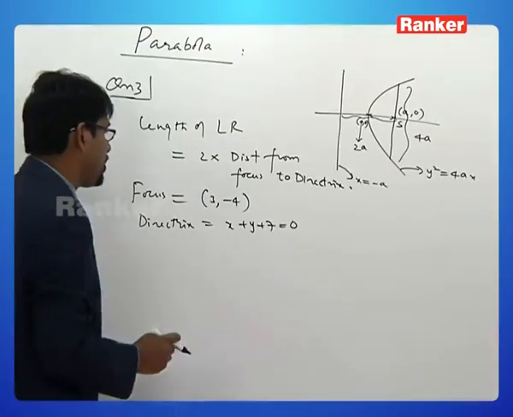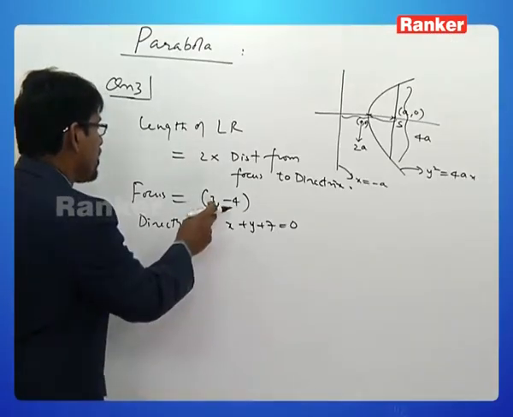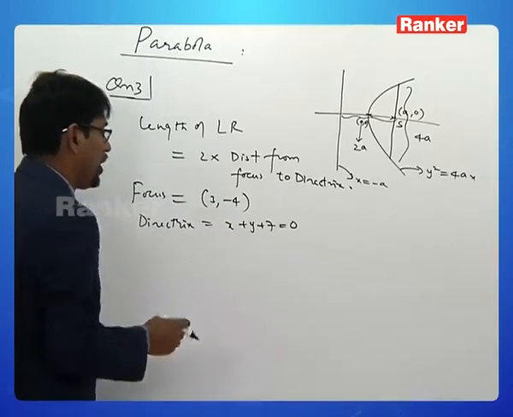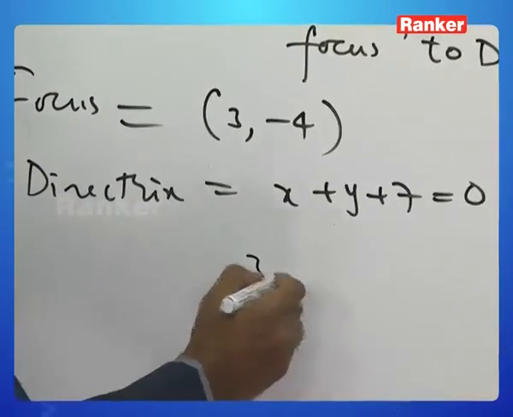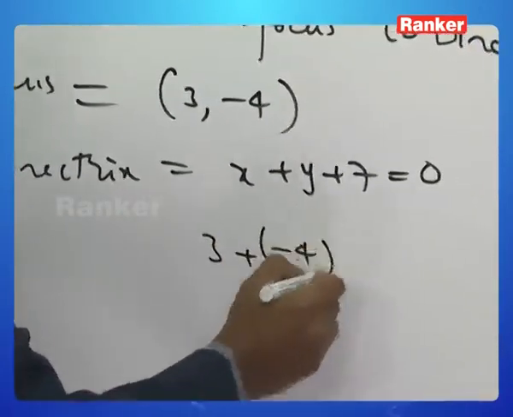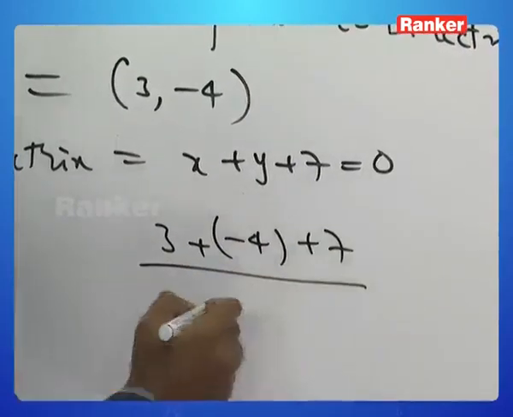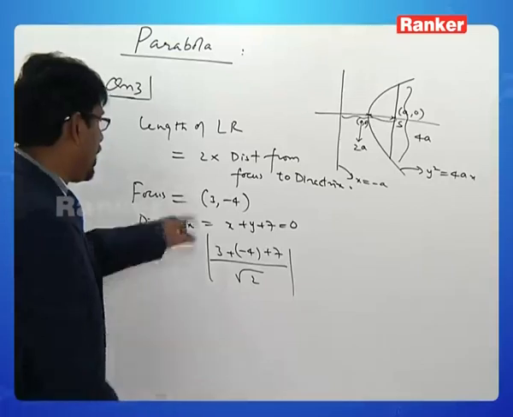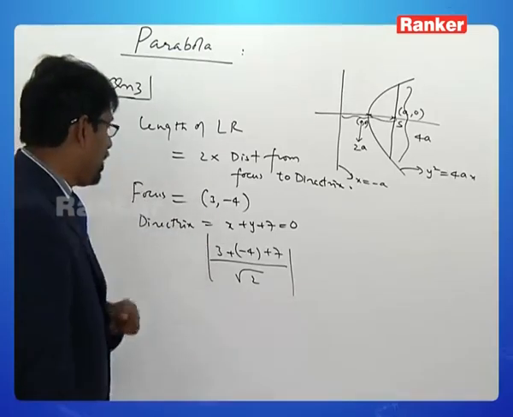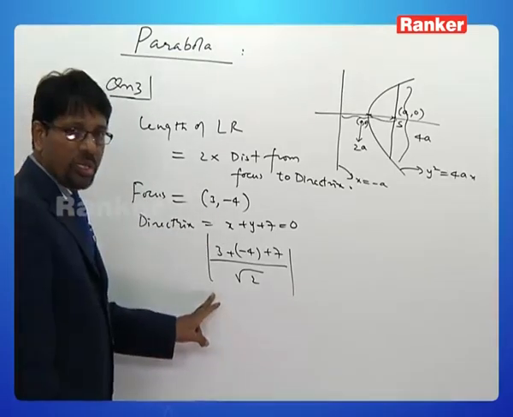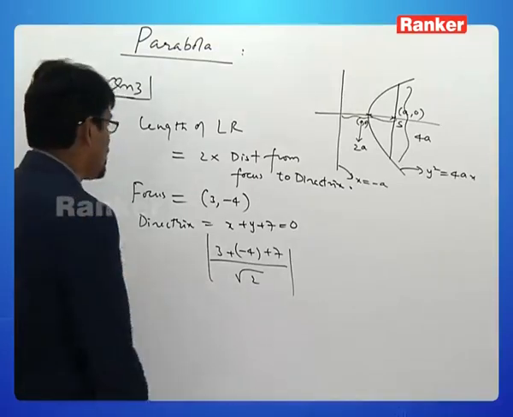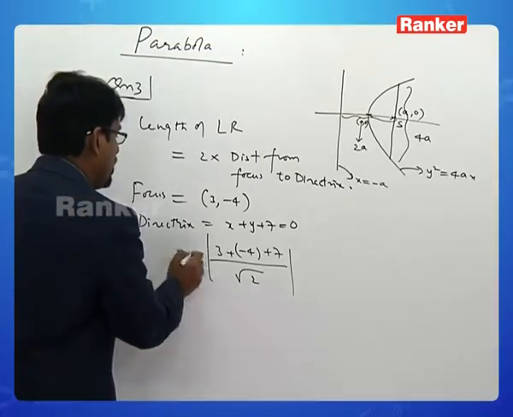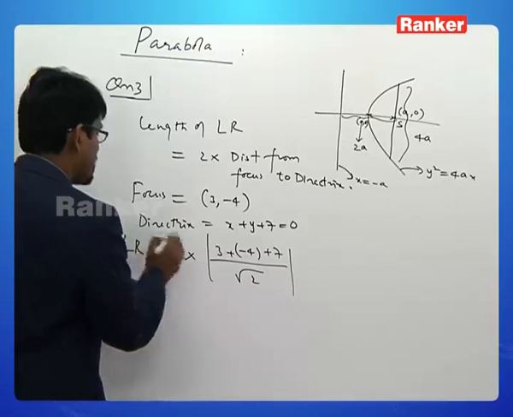So here the distance between the focus and the directrix is |3 + (-4) + 7| by under root 2. Perpendicular distance formula: |ax1 + by1 + c| by under root of a square plus b square. That has to be doubled to get the length of the latus rectum.